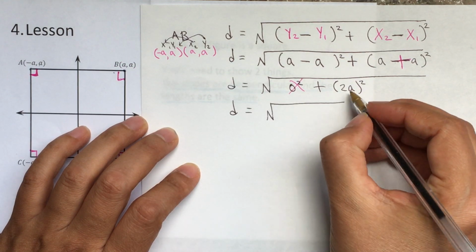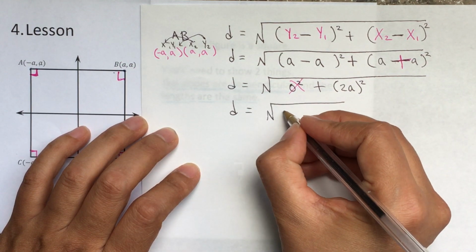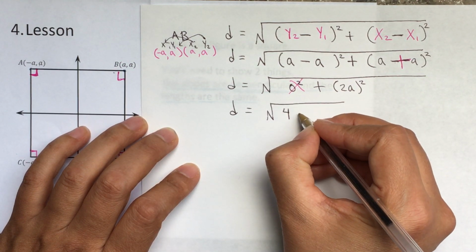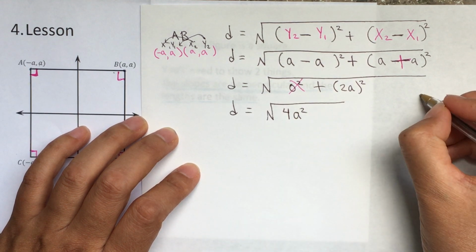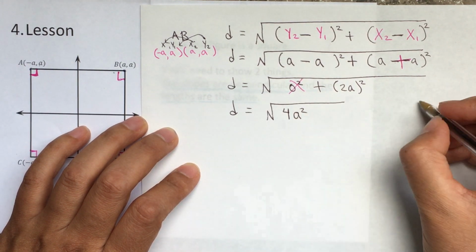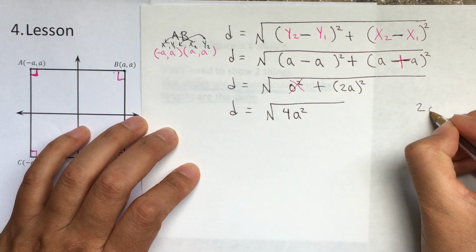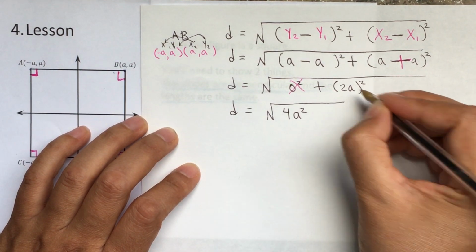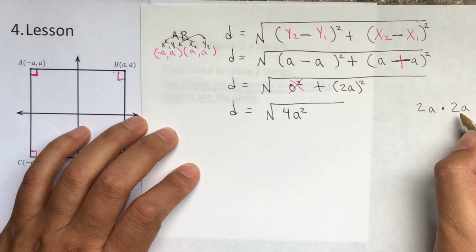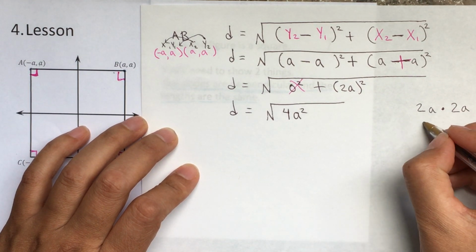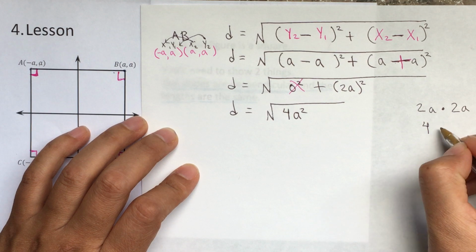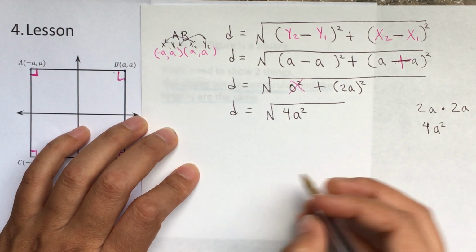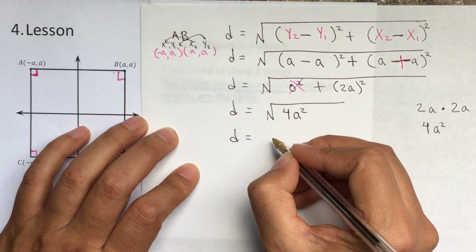And so we're going to have 2a squared would be 4a squared. And how do you find that? Well, it's 2a times itself 2 times. And so 2 times 2 equals 4, and a times a equals a squared. Okay, so the distance is equal to the square root of 4a squared.